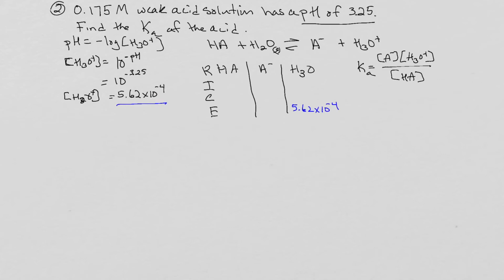Now, what else can we fill in here? Well, we know the initial concentration of our acid, right? It's 0.175 molar. And we know that these are going to be 0 to start at the very beginning, before we imagine any dissociation.